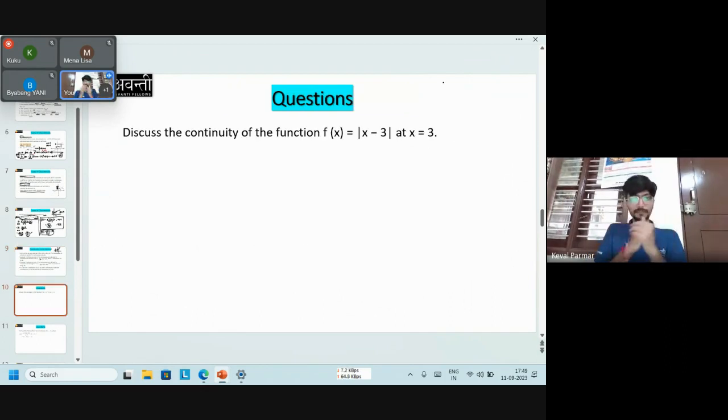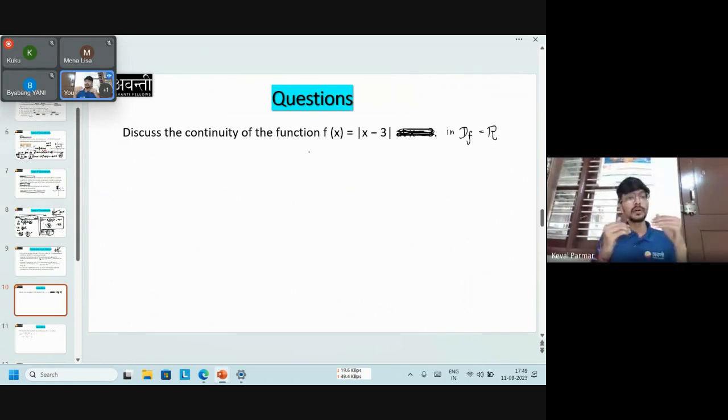Let's look at this example. Now, if someone asks me to discuss continuity of the function f of x equal to mod x minus 3, and they do not tell me to check at x equal to 3, they just say discuss the continuity of the function in its domain. Since this is the modulus function, the domain of the function is all real numbers.